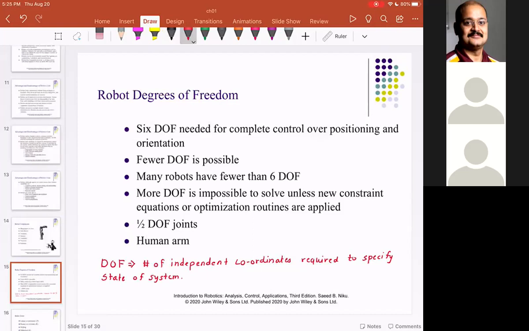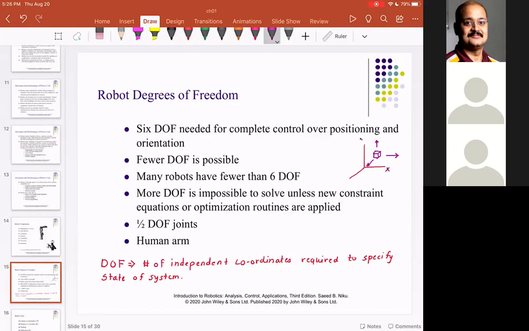For example, if you have a block in three-dimensional space, this block can translate in X direction, in Y direction, and in Z direction.